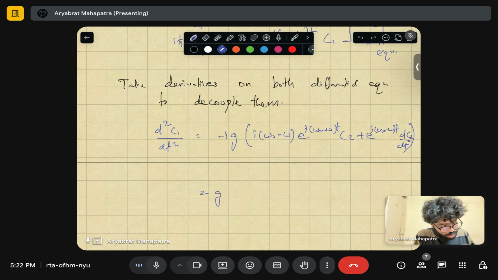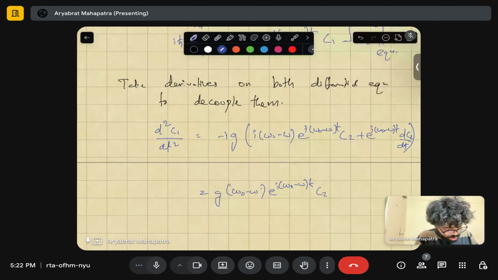So this will be z times omega naught minus omega exponential, then minus iz exponential i omega naught minus omega dc2 by dt.